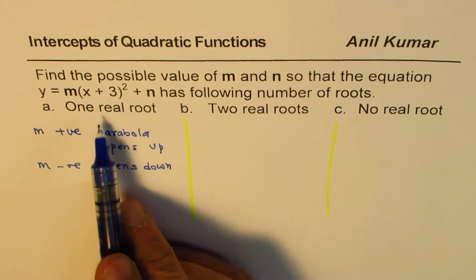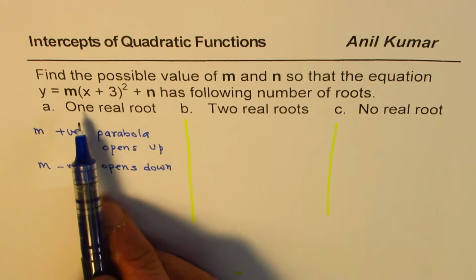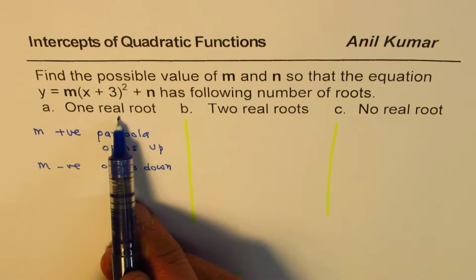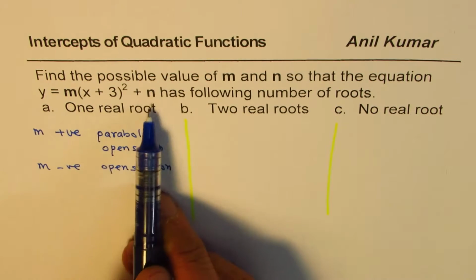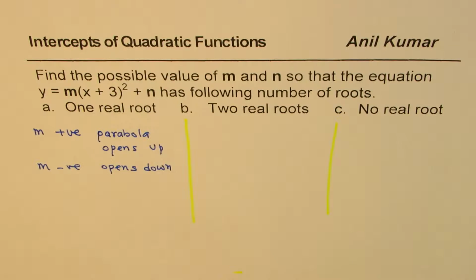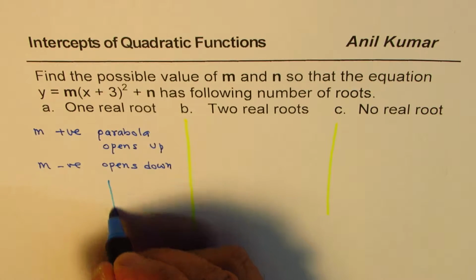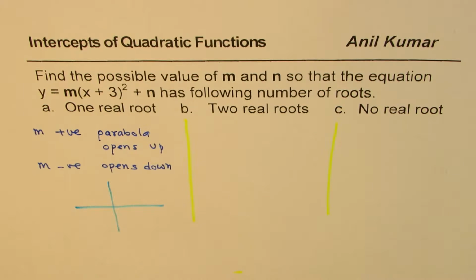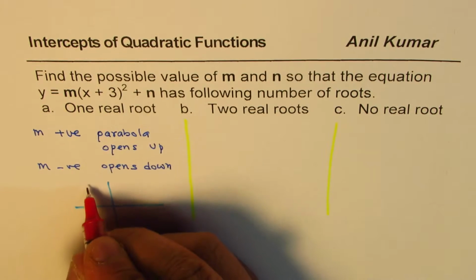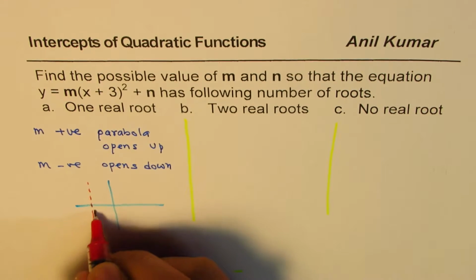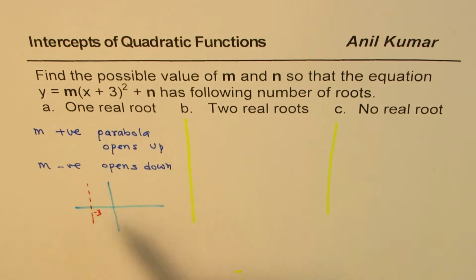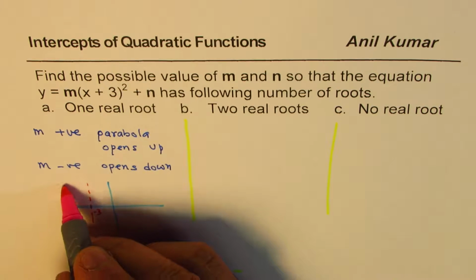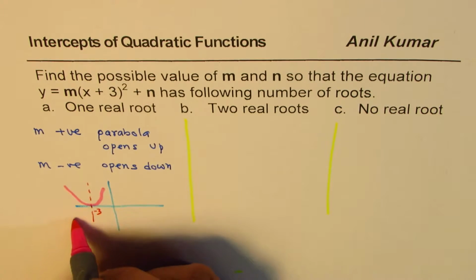How do we decide on the number of roots? If I say 1 root, which is the first one, it really means that the parabola could be kind of like this. Since the root is at -3, let's say this is at -3 somewhere. In this case, we have only two conditions. The parabola could be like this, or could be like this.